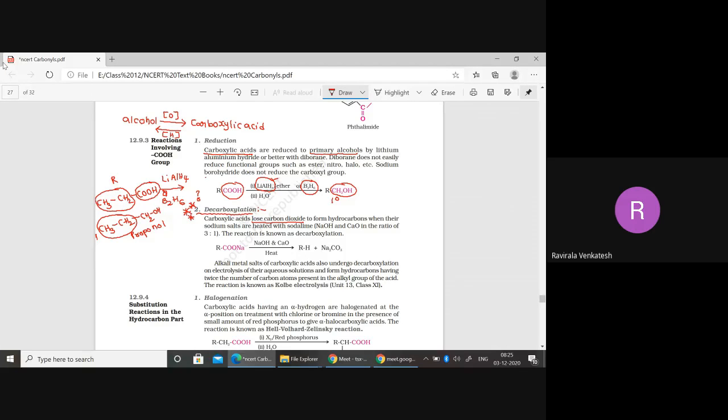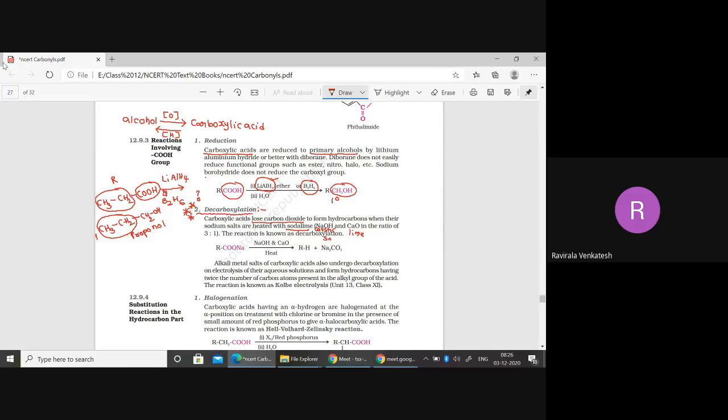What is the reagent we use for decarboxylation? Soda lime. Calcium oxide is called quick lime, and sodium hydroxide is called caustic soda.